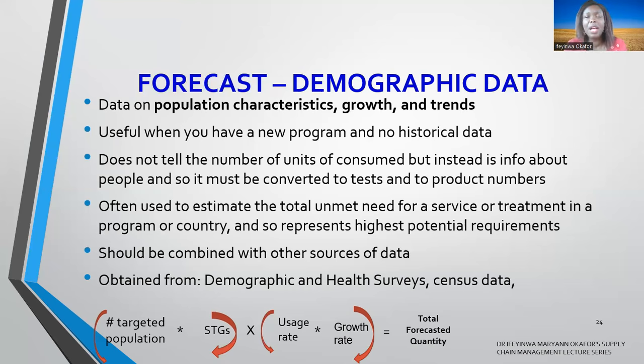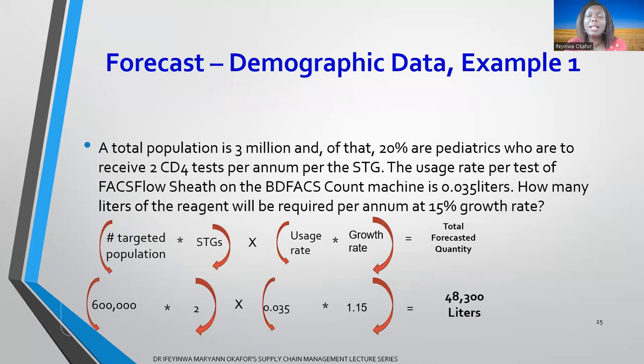The formula you can use to forecast using demographic data is targeted population times standard treatment guidelines, multiplied by usage rate times growth rate, and that gives you the total forecasted quantity.